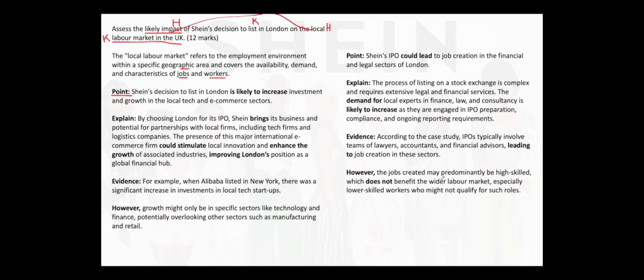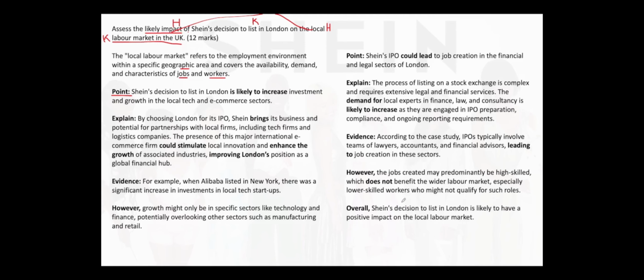However, these might be predominantly high-skilled jobs which might not benefit the wider labour market, especially lower-skilled workers who might not qualify for such roles. Highly skilled workers, unfortunately, the people that aren't highly skilled might not benefit from this. Not directly, unless they're getting a tip in prep.